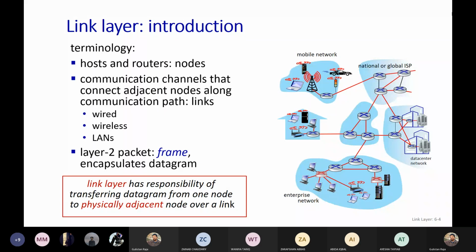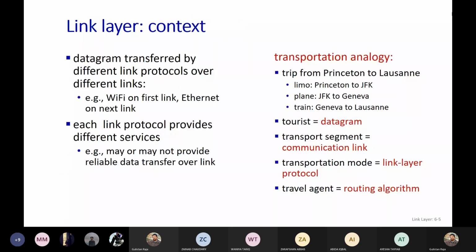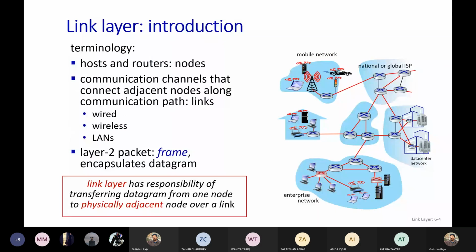The link layer encapsulates those datagrams in its payload field, plus headers, and this is known as a frame. So have a look at this, and if you have any question, you are welcome to ask. Please go through these terminologies. I'll give you around 30 seconds for it.